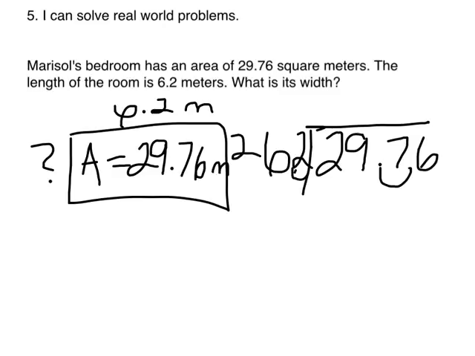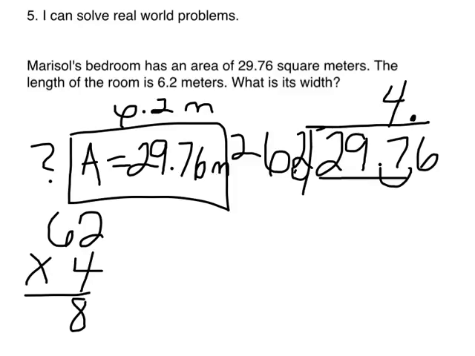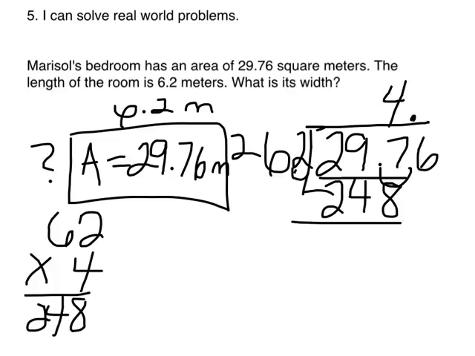Move that decimal once. So we have our decimal up here in our quotient. 62 can go into 297 4 times. 62 times 4, we get 248. Subtract, we get 49.